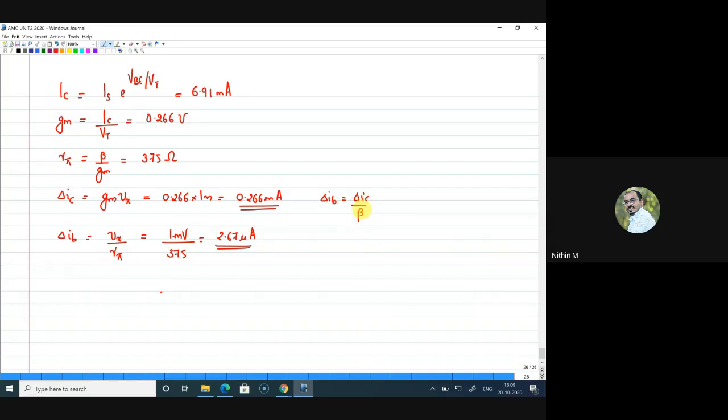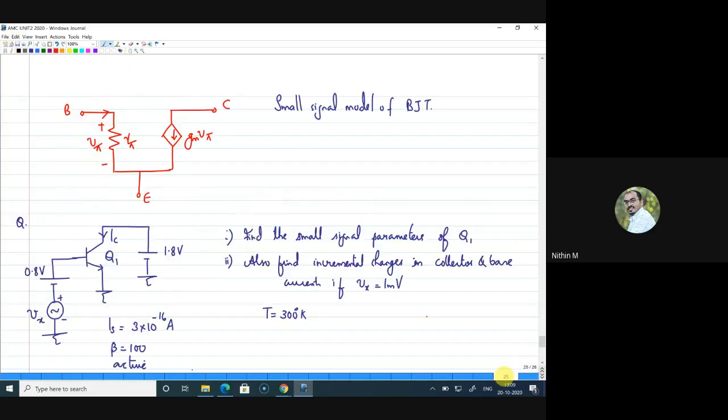That also holds good here. So this is how you will evaluate the small signal parameters of a BJT, and then you will find the incremental changes due to the small signal changes. Whenever there is a small signal voltage variation, that will result in small signal current variation also. With this, I am just winding up today's class, and I'll give you some instructions for your lab.